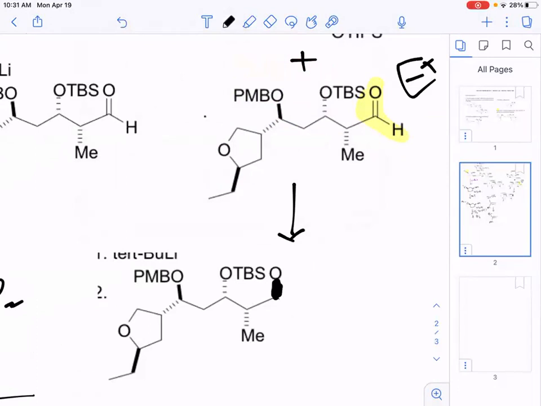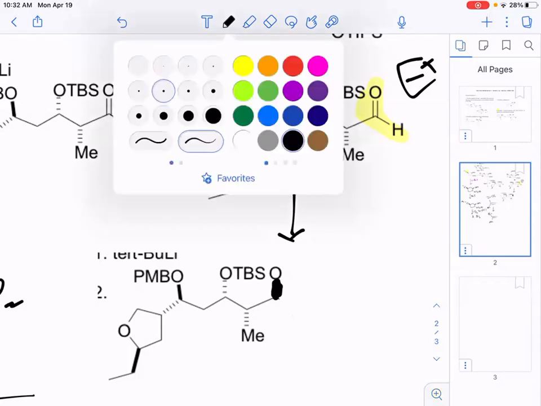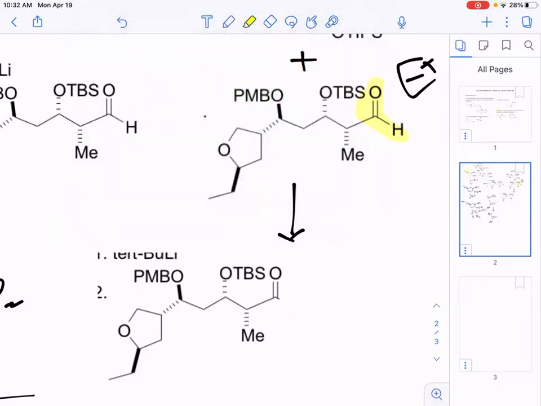Remember with that FK506, a lot of that chemistry didn't have to use asymmetric catalysts and things like that, because your stereochemistry was already built in. So the resulting alcohol from that is going to be wedged and not dashed. All right, so that's going to be an OH.